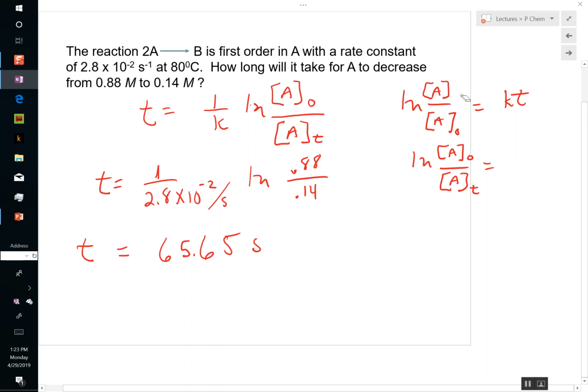Oh, no, we had this up here, didn't we? We didn't flip it. And we're just dividing by k to get that expression. Okay.